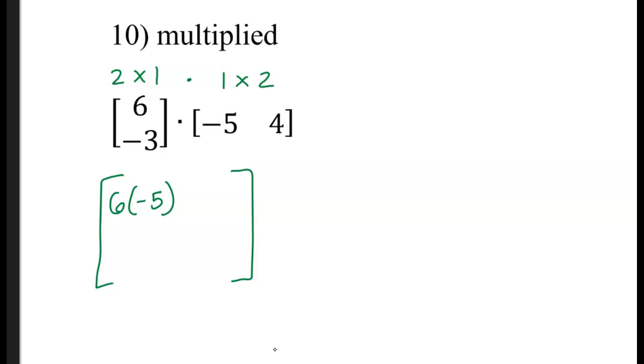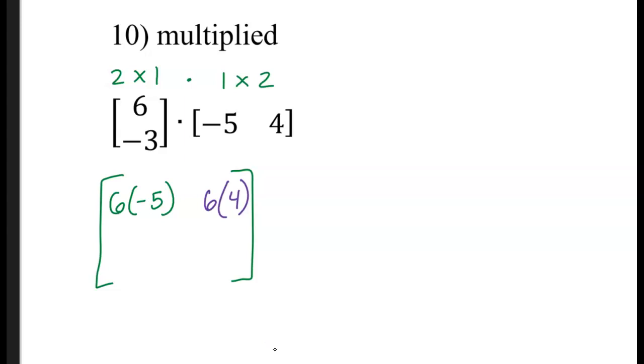Then we multiply again that same row, which has a value of 6, times the second column. And this is what gives us our first row, second column entry. Notice how I am not doing any adding this time. This is because there are not multiple entries within the rows.